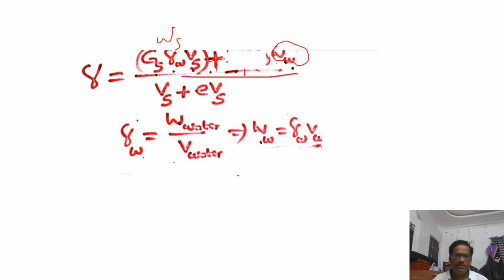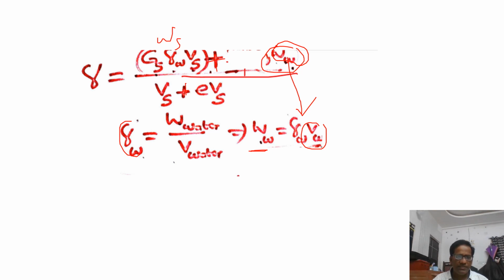Now our focus is on Ww, weight of water. Gamma of water is equal to weight of water by volume of water. Now weight of water is equal to gamma of water into Vw. So now we are able to get Vw. If we substitute what we got for Ww here, we will definitely get the required derivation. Now let us see the denominator, Vs, volume of solids, plus Vv.